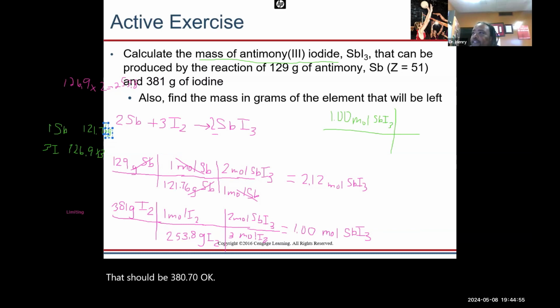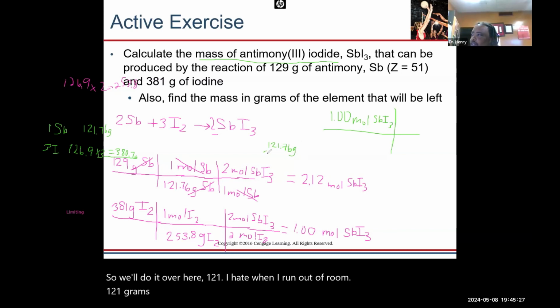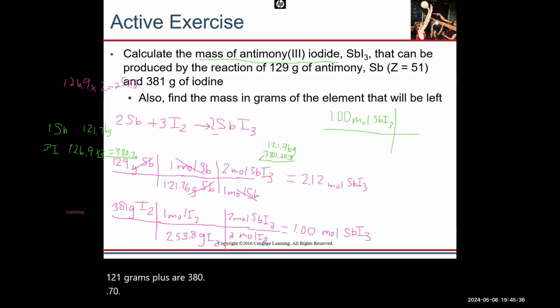Okay, so when we add that all together, this one is 380.70. And then we're going to add that with the 121.76. I hate when I run out of room. 121 grams plus our 380.70 should be 422.46 grams.